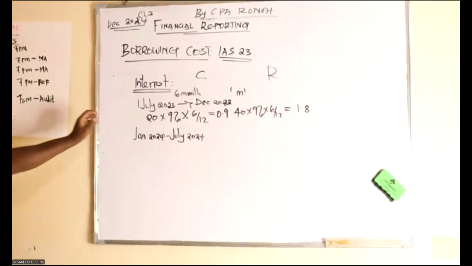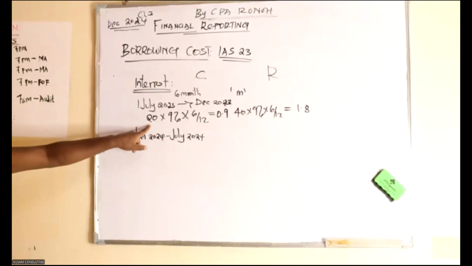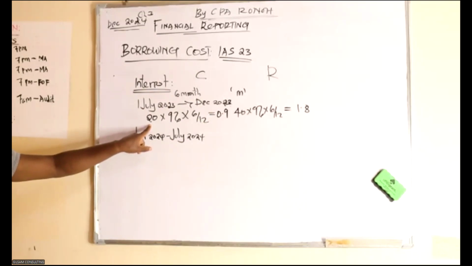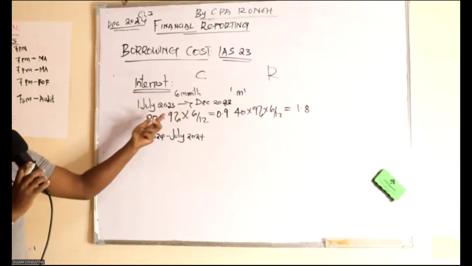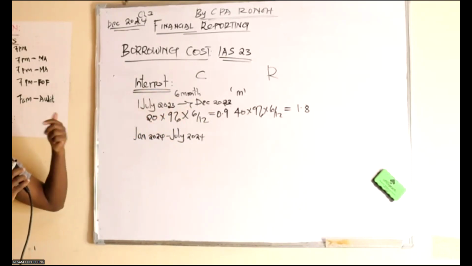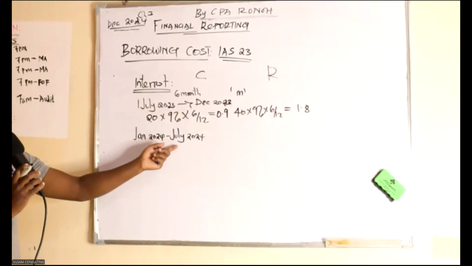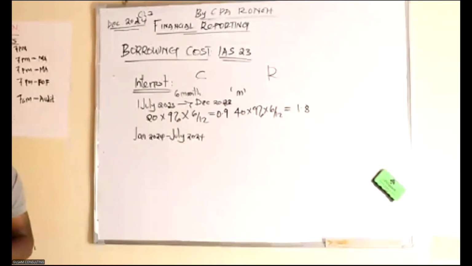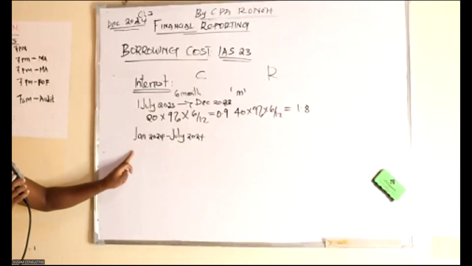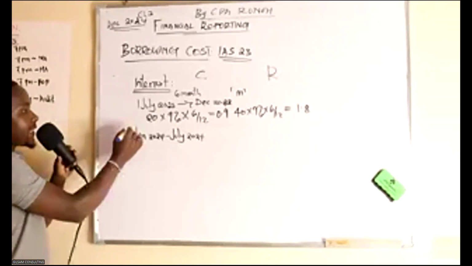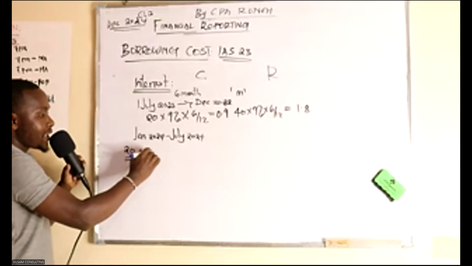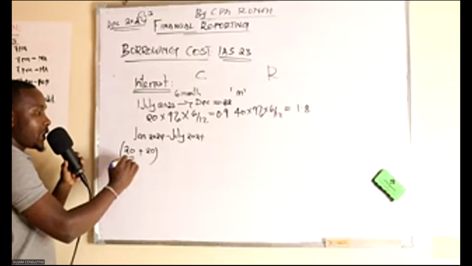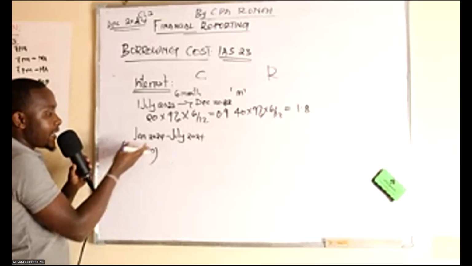So, which cost are we using? Are we using 20? From July up to December he had taken 20 million. And then from January to July he also took another 20 million. So it means in this period we will be computing interest on the first 20 million plus the second 20 million. So we are doing it accumulatively.